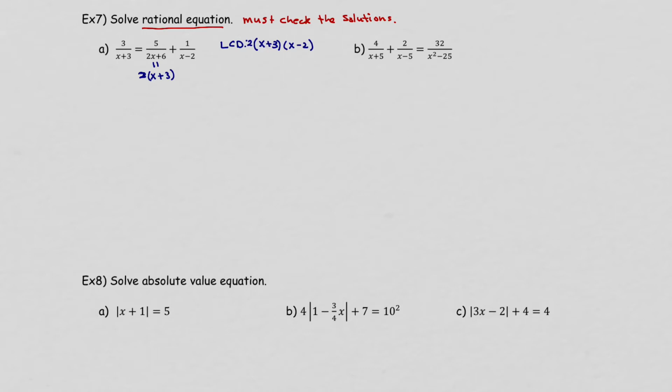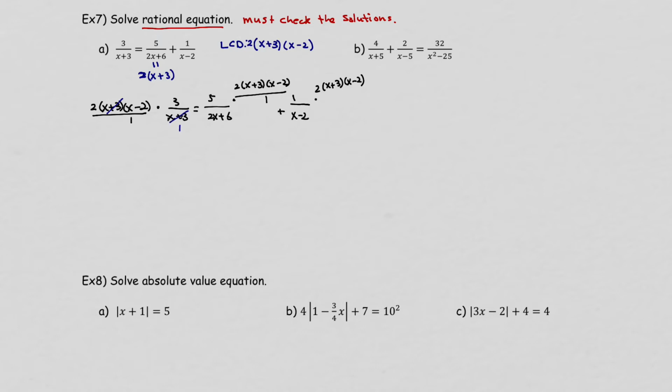When you multiply that to the whole problem, let me rewrite it. You're multiplying 2 times x plus 3 times x minus 2 to 3 over x plus 3, and you do that to all fractions. What you end up getting is no more denominator.